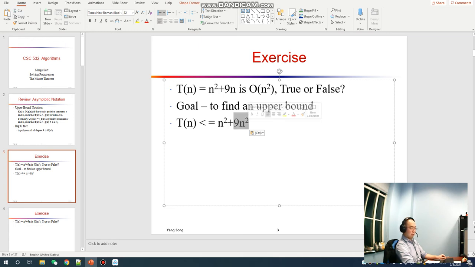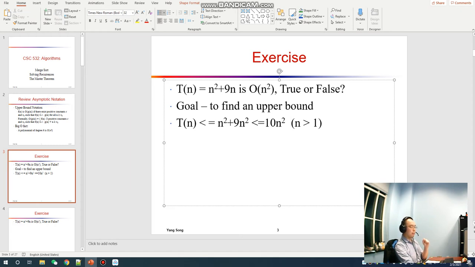Let me ask you this: in what condition is n smaller than n squared? We have to say we are assuming n is greater than 1. Then if we want to make an even larger bound, we can say it is smaller than or equal to 10n squared.